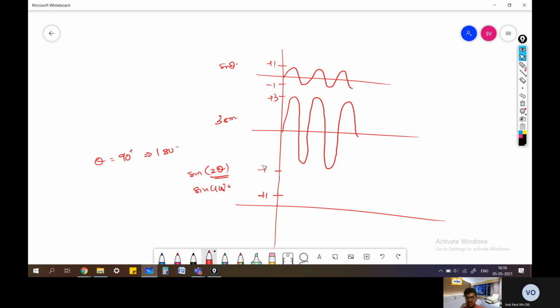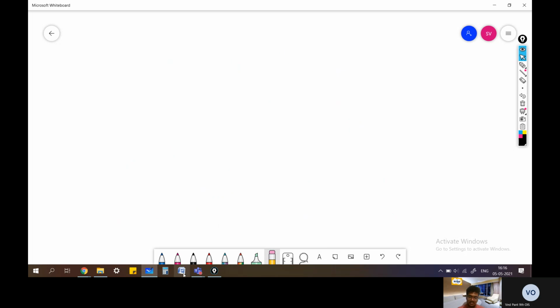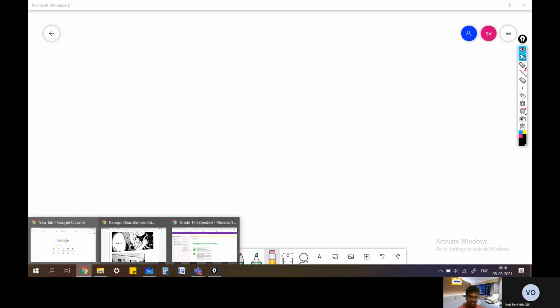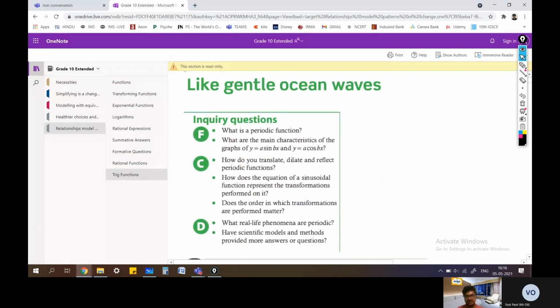It will go maximum plus 1 and minimum minus 1, but the cycle will decrease. If I multiply inside, its period will shrink. If I do sine theta upon 2, the period will be like this. You'll understand this in a coming exercise.